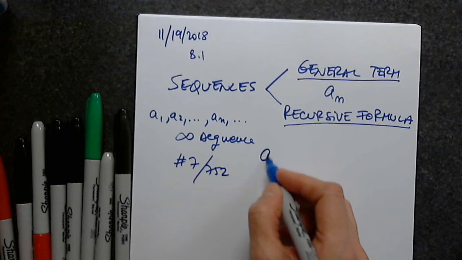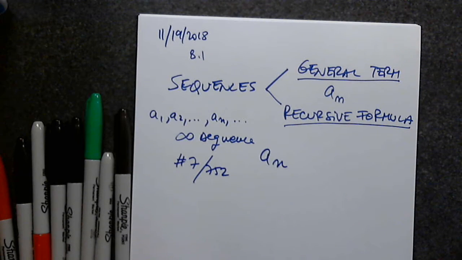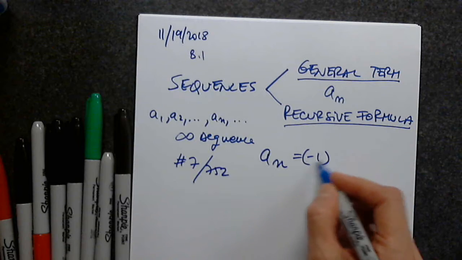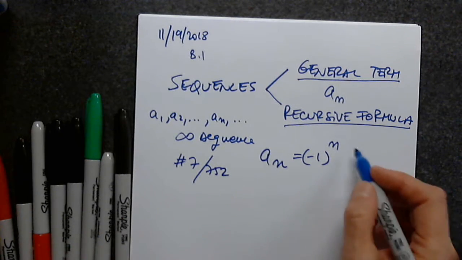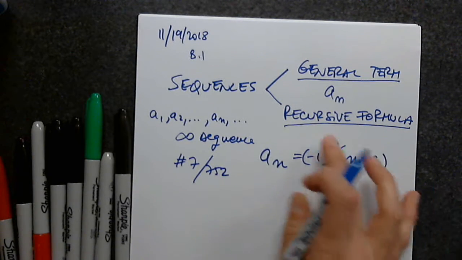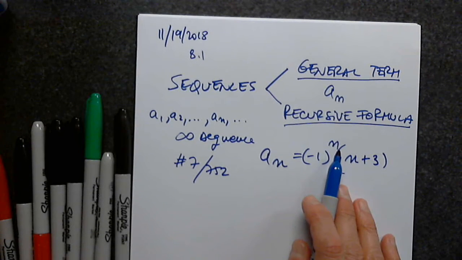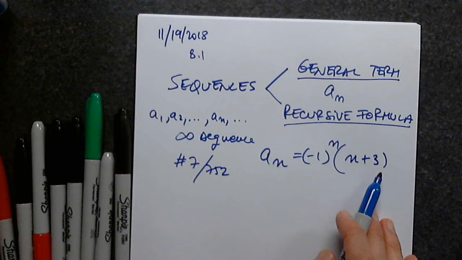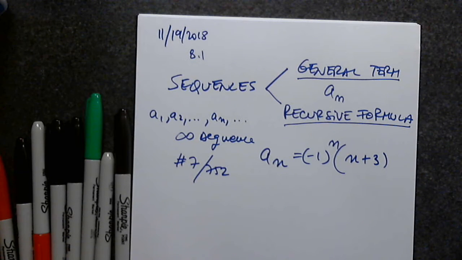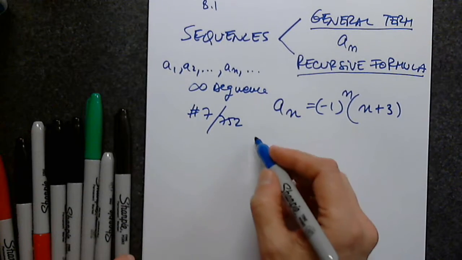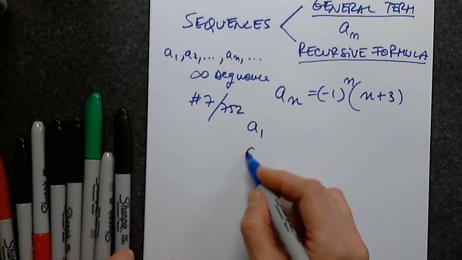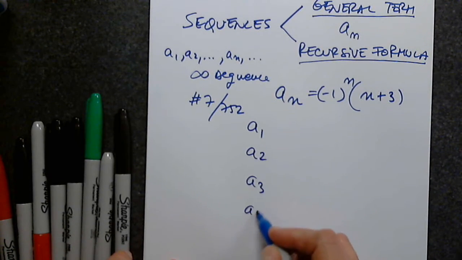We're given an, the general term, which is -1 raised to the nth power, multiplied by n plus 3. We're asked to find the first 4 terms of the sequence, meaning I have to find A1, A2, A3, and A4.